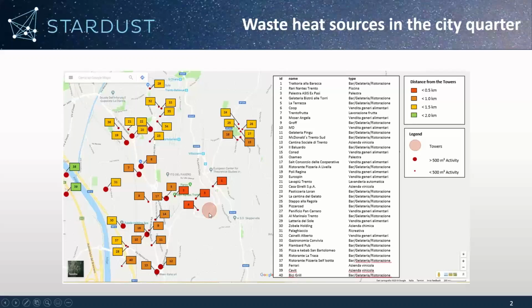What we did is to share questionnaires with all these companies, and then to call them to gather information from them in terms of their energy use. On the one hand, electricity, but also thermal energy use.